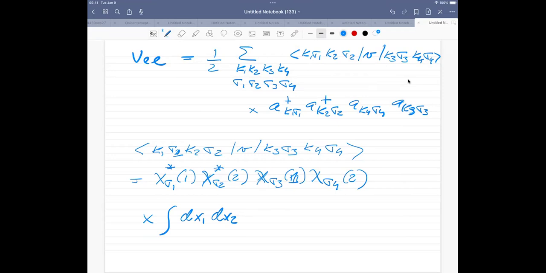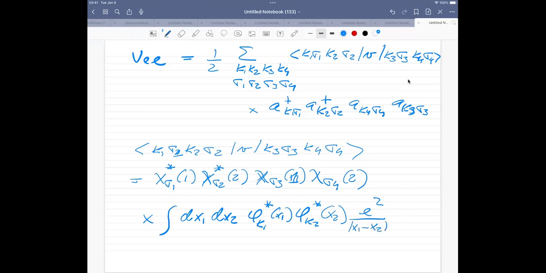And then we have the spatial wave functions, which are actually plane wave functions. So we have psi K1 complex conjugate of x1, and then psi K2 of x2. And then I have the interaction, where I'm putting some of the constants equal to 1, and then the absolute value of x1 minus x2.